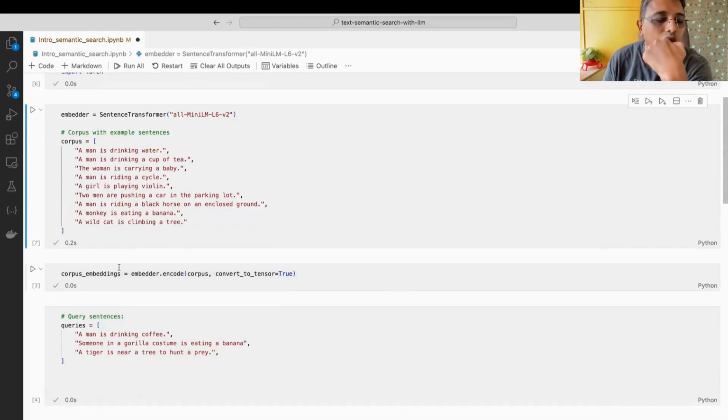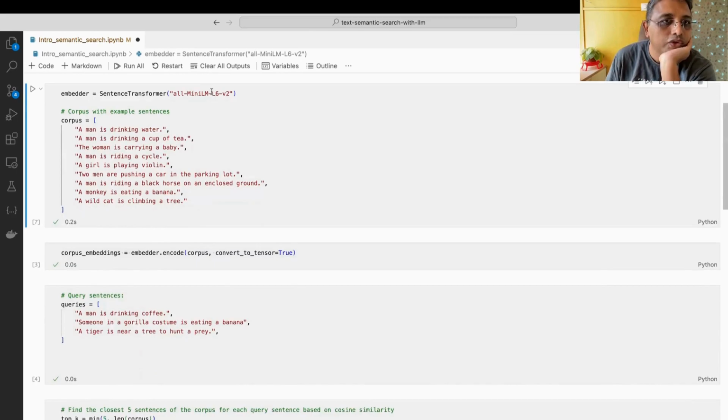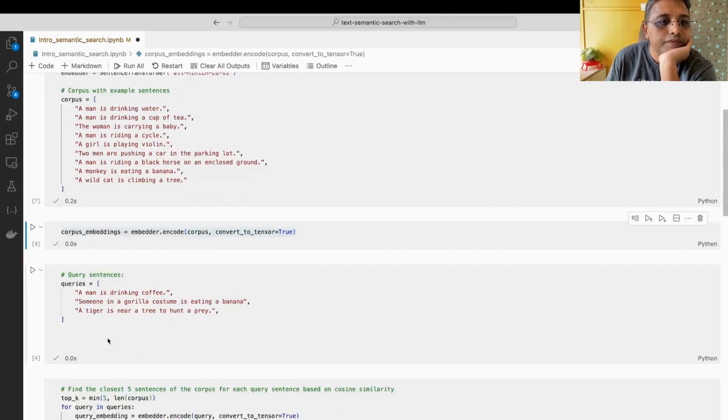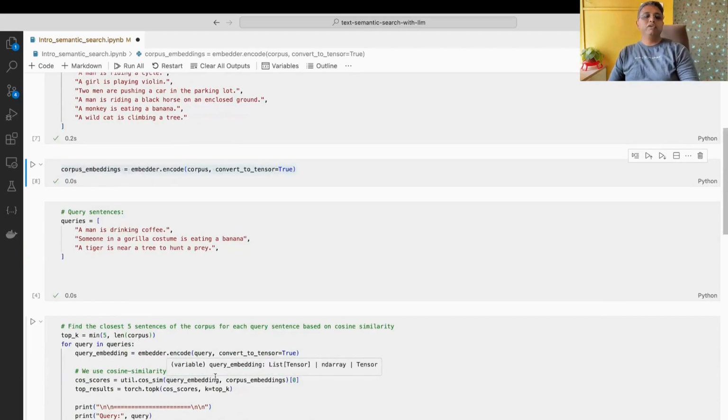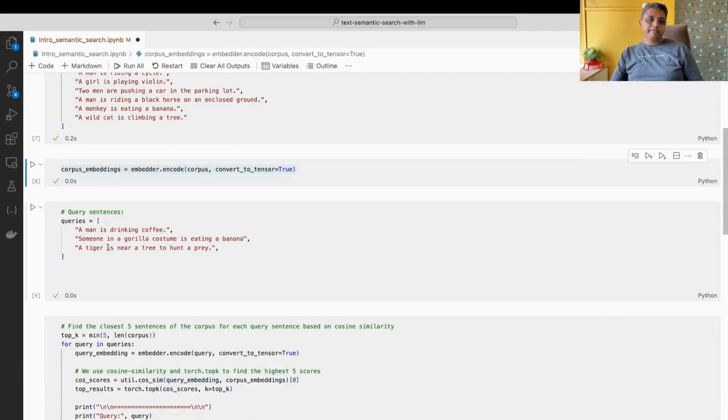Okay. Now, as I have explained, using this same algorithm, we are embedding this corpus and creating their vector representation. So this is their vector representation, and these are the query sentences. For example, we have kept three sentences: a man is drinking coffee, someone in a gorilla costume is eating a banana, a tiger is near a tree to hunt a prey.